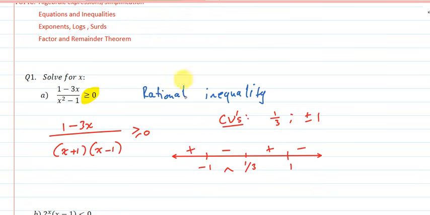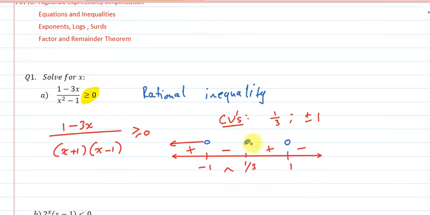And remember that x values cannot be equal to plus minus 1. So I'm going to open the circles here at minus 1 and 1. And at 1/3, we're going to close the circle because the value of x can be equal to 1/3, where the numerator can be 0 but the denominator can't. So if we want to solve for greater than or equal to 0, we're looking for positive answers.